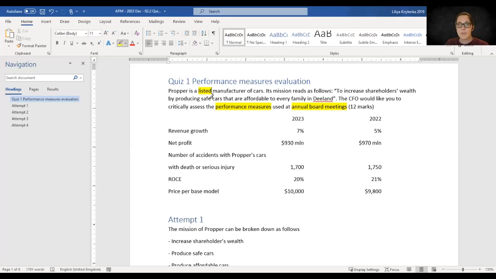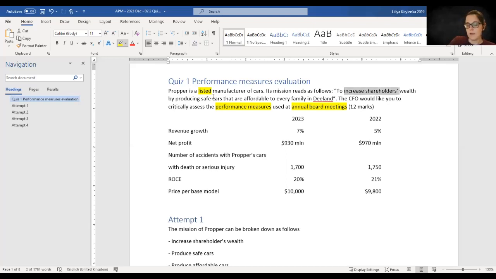We are aiming at using the report at board meeting, so we need to ensure that this report helps us evaluate how the company is progressing toward its mission statement. The mission statement needs to be broken into parts, and each individual part needs to be capable of being measured by a single indicator. That is, first, to increase shareholders' wealth.